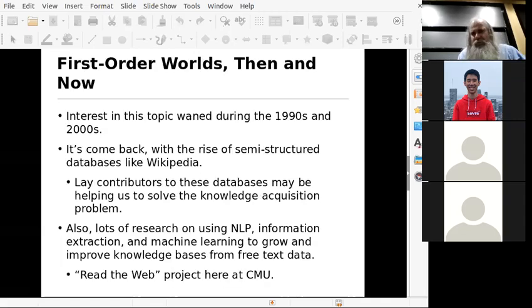First order predicate logic has been around for a very long time. At least in its current form, it's been around for hundreds of years, but things like it have been around for thousands. In the computational world, using computers in the form of natural language processing, from about the 90s to the 2000s, it sort of became less interesting.